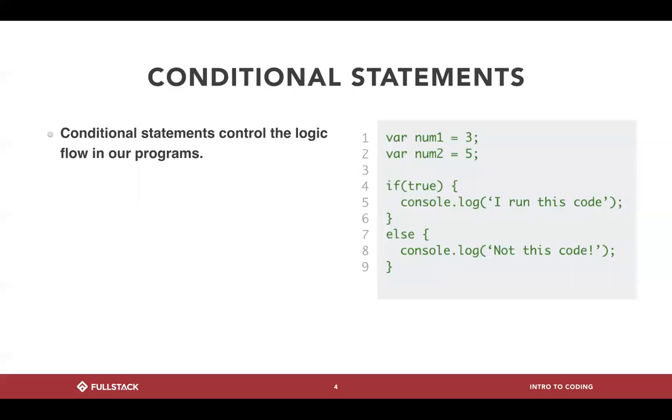Like if we executed line 1, var num is equal to 3, then line 2, var two is equal to 5, and then do something else and something else. You're flowing through the logic of your program. That's a logical flow. You're doing this thing, then this thing, then this thing. So that's what logical flow is.